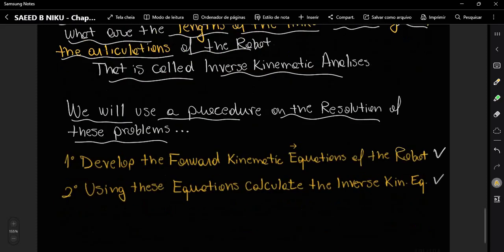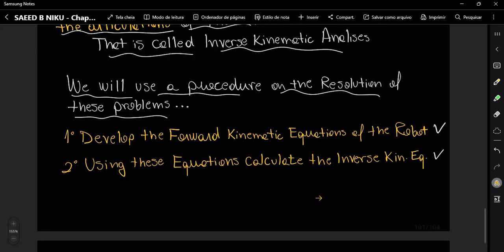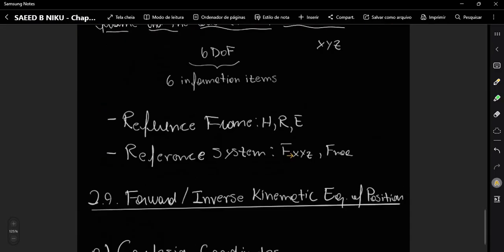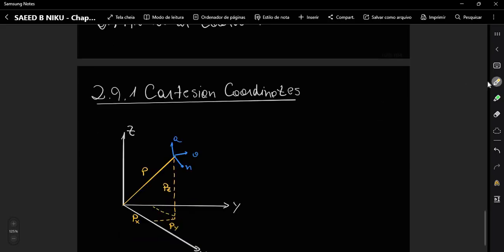So one equation depends on the other, and we work with both.